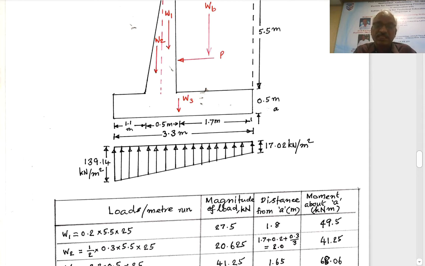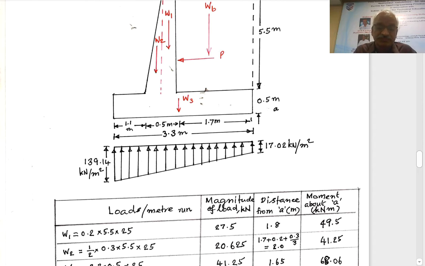The distance from the point A is 1.7 plus 0.2 plus 1/3 of 0.3, that is equal to 2 meters. So the force 20.625 acts at 2 meters from A, therefore the moment is 41.25.